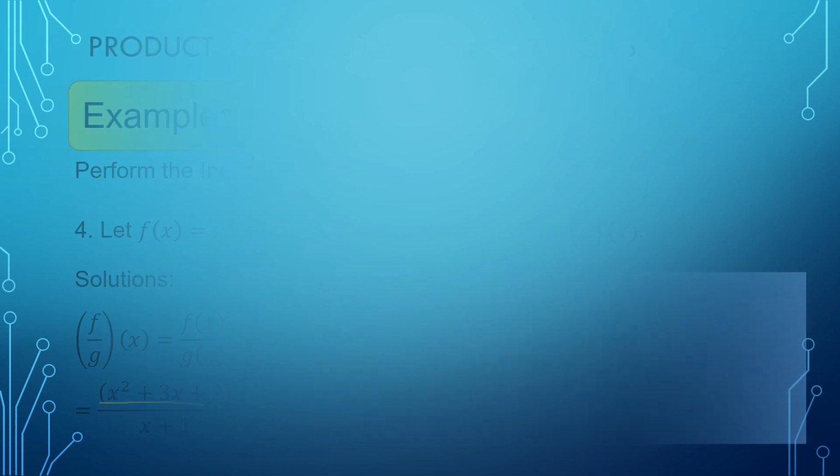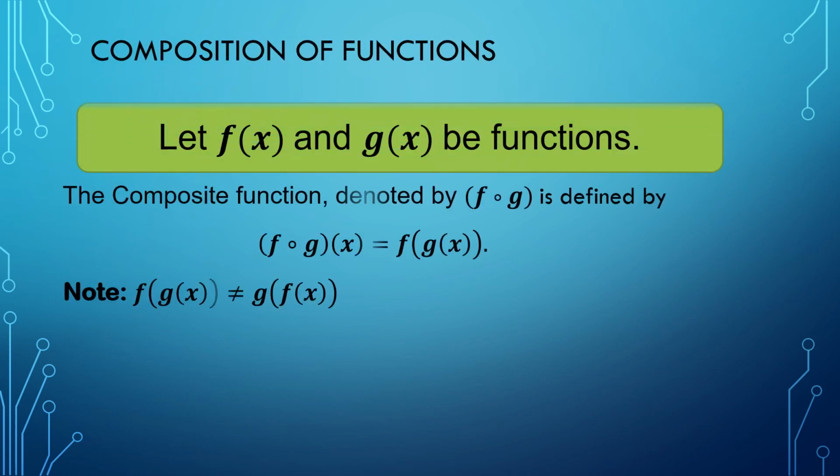Next, we have the composition of functions. Let f and g be functions. The composite function denoted by f circle g is defined by f circle g of x equals f of g of x.